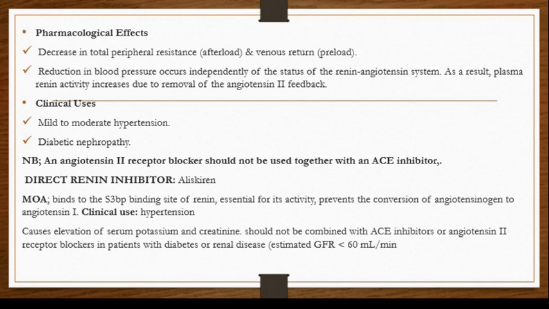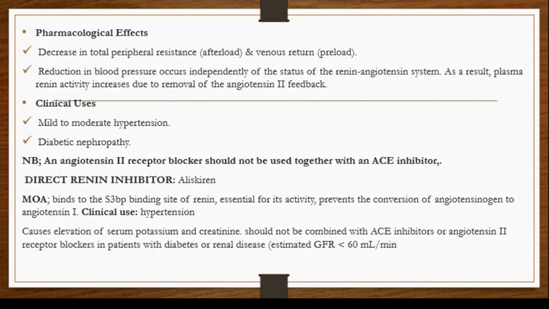So the next class of drug I want us to look at is the direct renin inhibitor. The direct renin inhibitor, as we saw earlier on, their mechanism of action is that they inhibit the binding of renin to angiotensinogen. This drug binds to the active site of renin, and it inhibits the binding of renin with angiotensinogen, which is a rate determining step of the renin angiotensin aldosterone system or cascade.